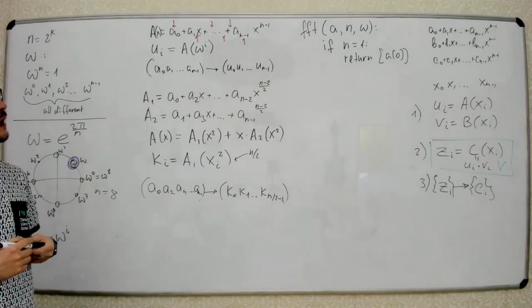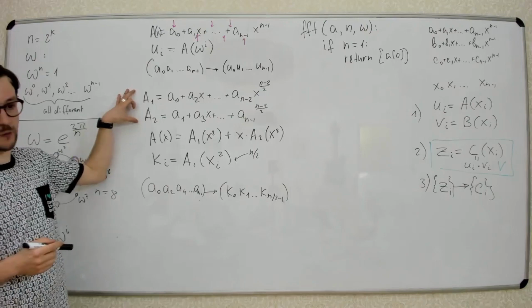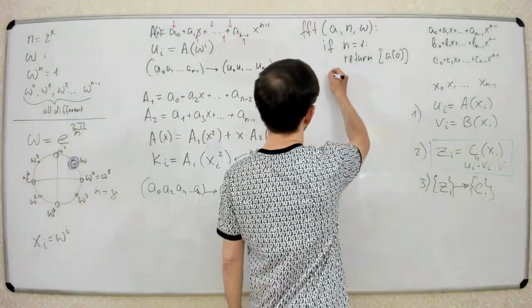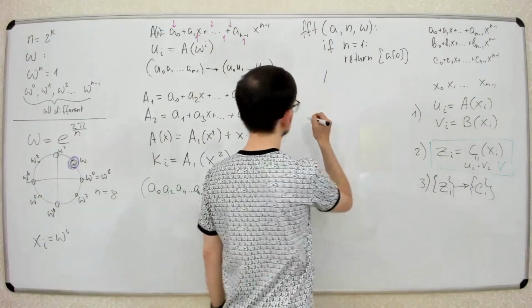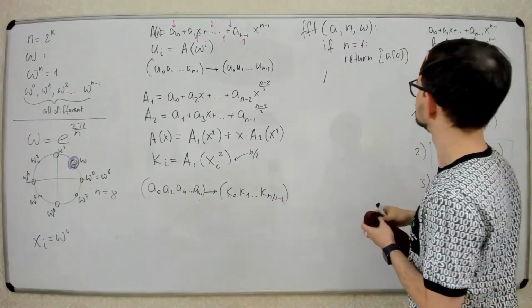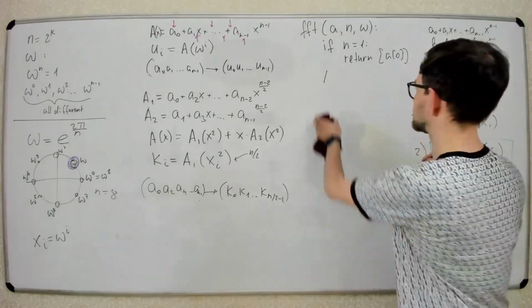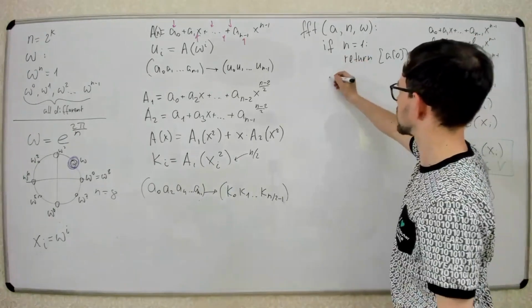Now, if n is not 1, then I will split the polynomial into two polynomials. Let's use small a for everything.